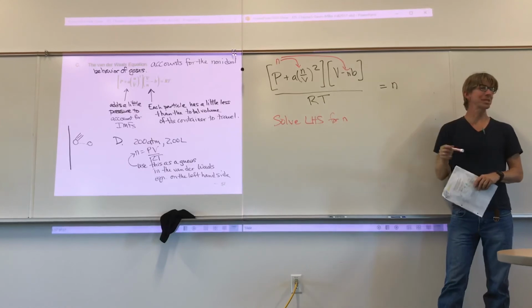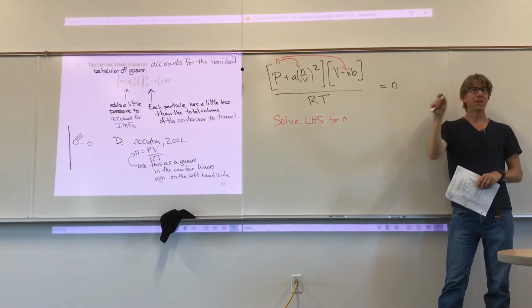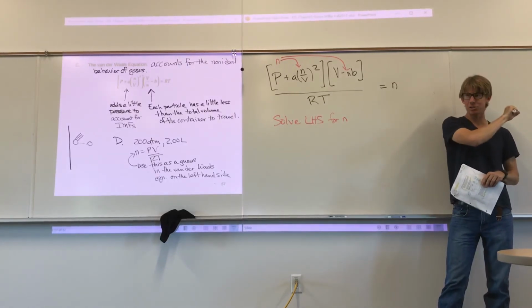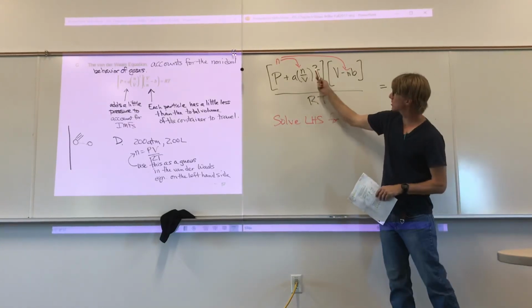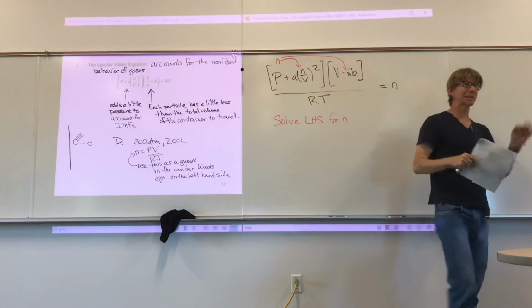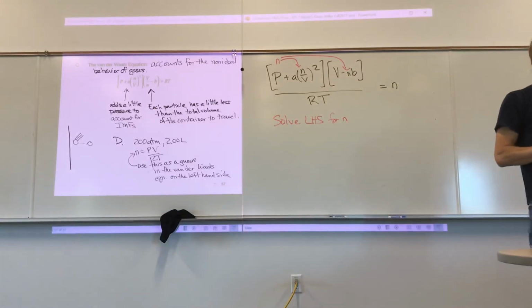Each time you plug in n, it's called an iteration, and you're iterating until it converges. The reason is that we have n squared times n, that's n to the third power, a cubic equation. If this was a quadratic equation, second power, you could use the quadratic equation solver.